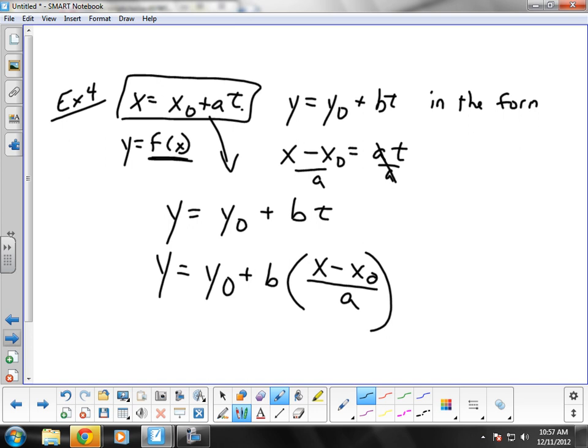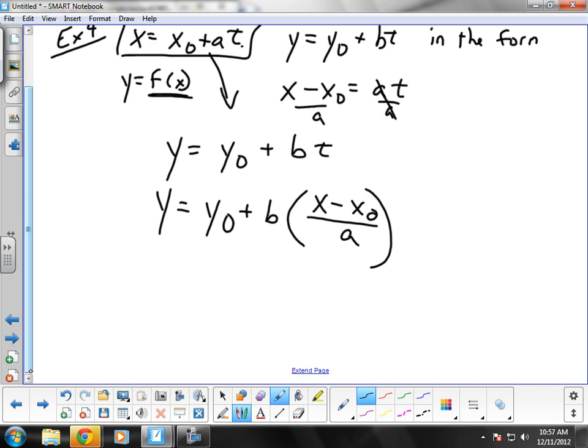Now, I don't know if you noticed anything there or not. There's a y on both sides. Slope, intercept form of the line, right?